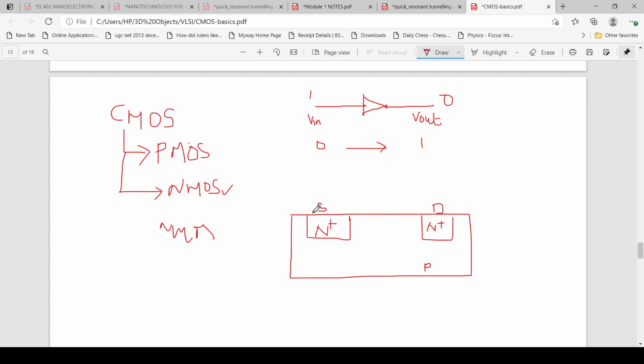If we supply a proper potential difference between these two regions, which we can term VDS, there will be a possibility of current flow, and we can plot the current flow like this.